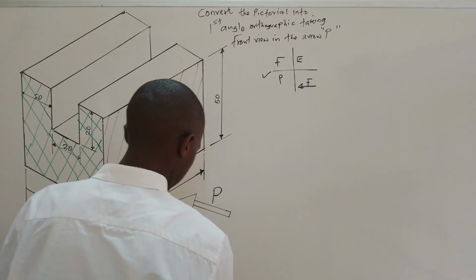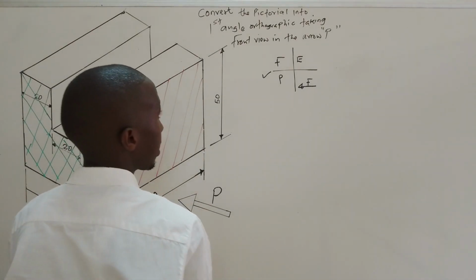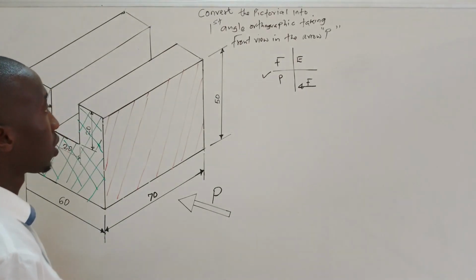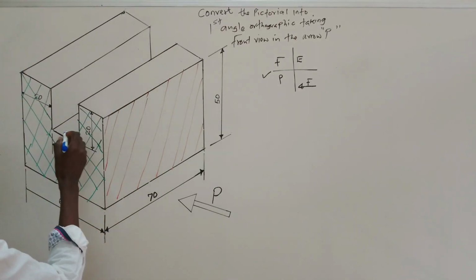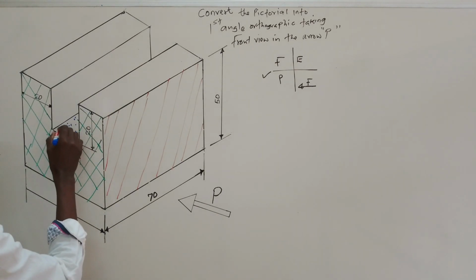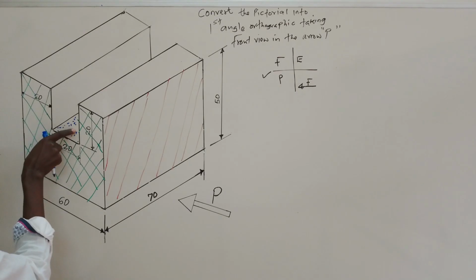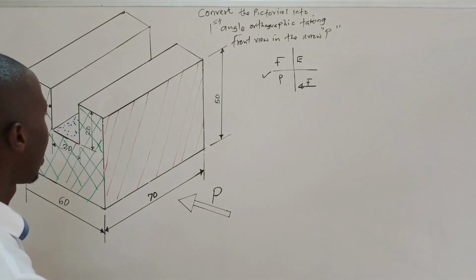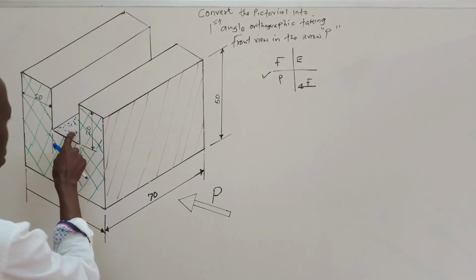Now we have the last one, the plan. The plan is the same as the top view. So this is my top view, and I'll mark this one using some dots. Remember, this surface is the one which is visible on our side; to our eyes, this one is visible.